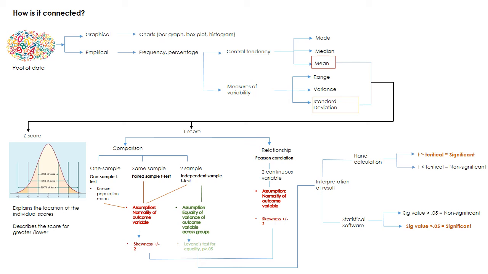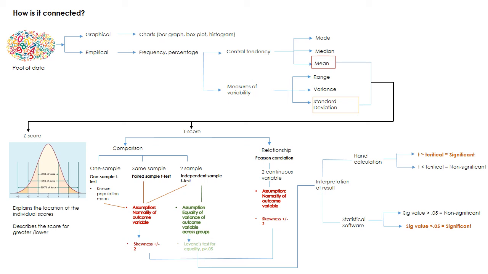When you're using statistical software, whether SPSS, R, or any other, when you run a one sample t-test, paired sample t-test, independent sample t-test, or Pearson correlation, you need to look for the sig value or the p-value, also known as the probability value.